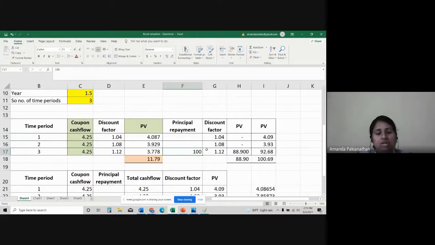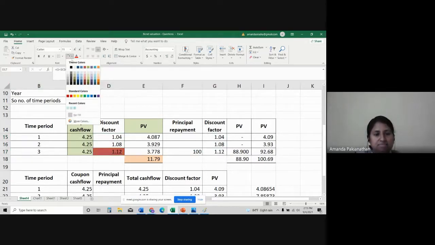Again, I'm going to divide it by the discount factor. Now, can you see that I can use the same discount factor I used for this calculation as well? Why? It's the same timing.